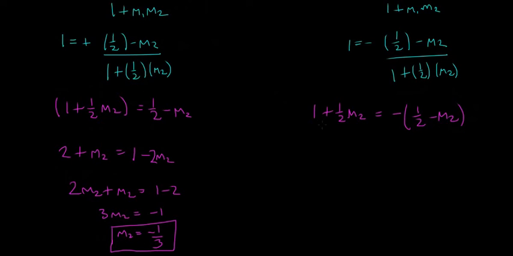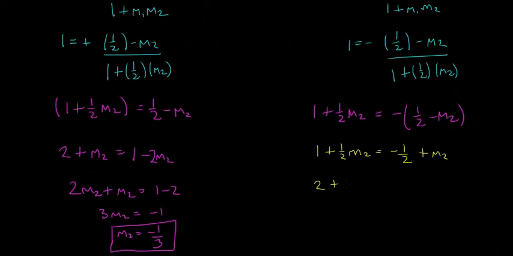We're going to find the second slope here. Do the same. First I'm going to get rid of this bracket here in the minus. It's going to be 1 plus a half m2 is equal to minus a half plus m2. So minus minus will make this plus. Now I'm going to multiply everything by 2.